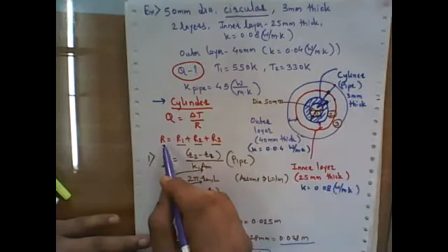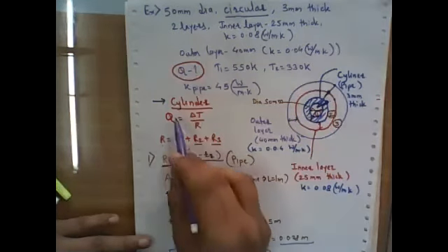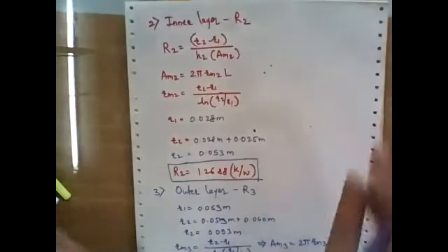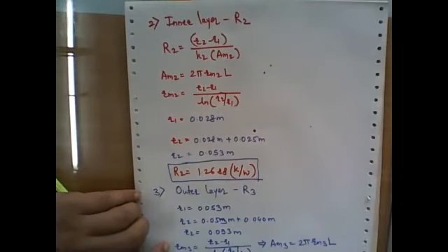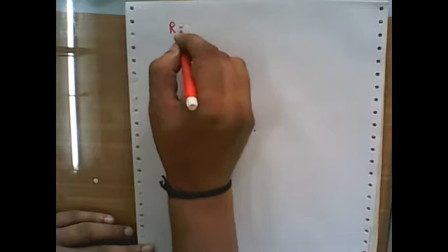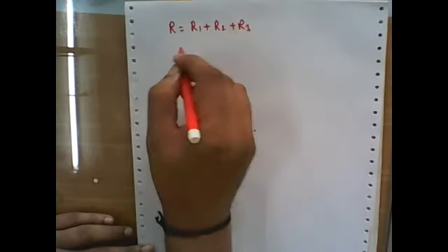After taking this total R, we can put it in the equation of Q, that is delta T upon R. So capital R equals R1 plus R2 plus R3.